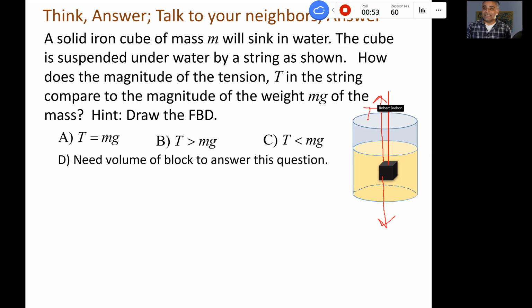Okay, 30 more seconds, folks. Five more seconds. 5, 4, 3, 2, 1, and it stops. Okay.